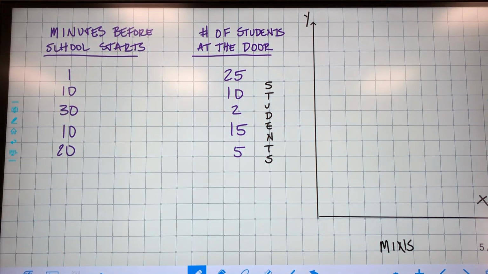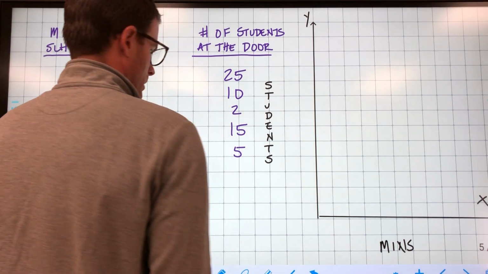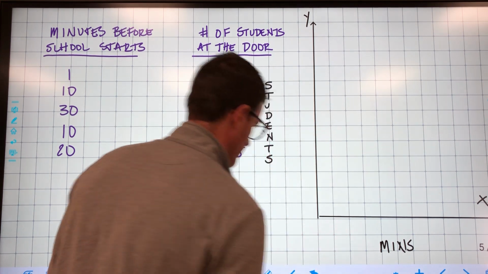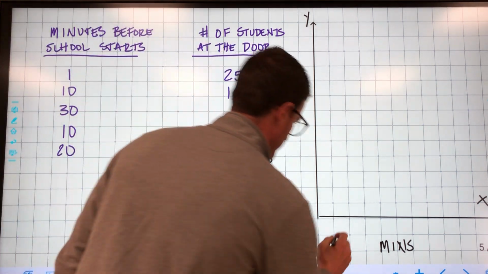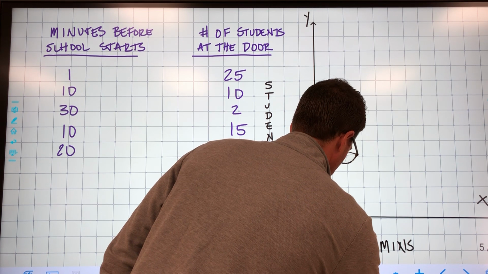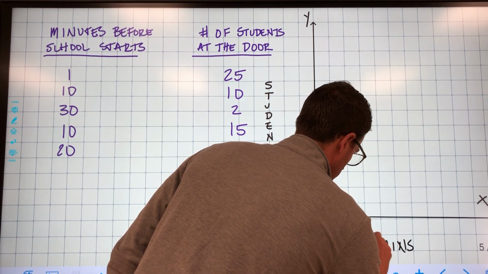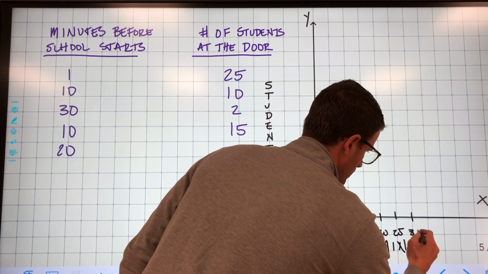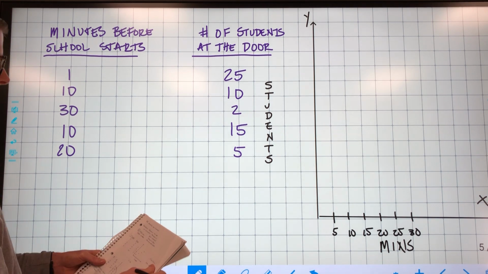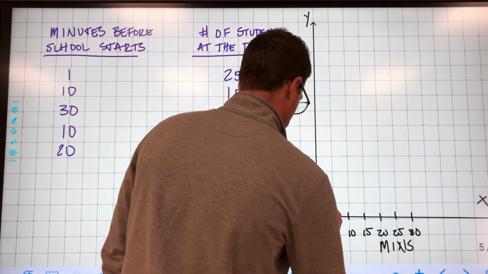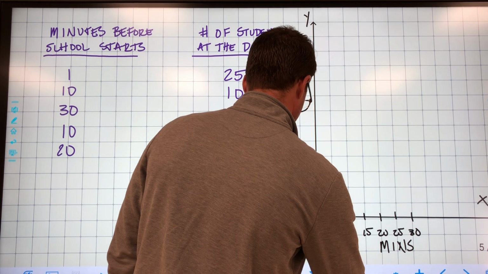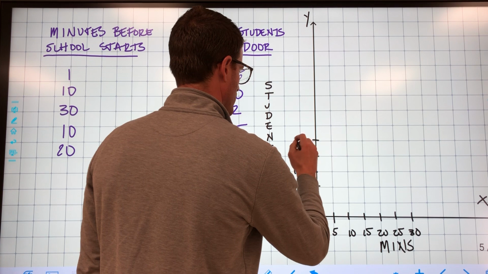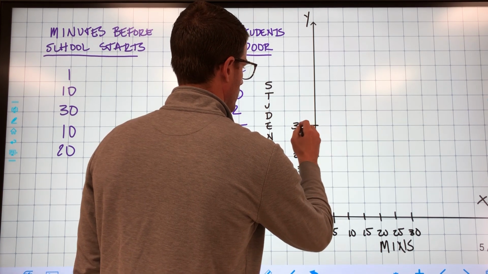So let's graph, all right? So my first input is 1. All right, so minutes before school starts. So we'll go by, let's see, we'll go by 5s here. So 5, 10, 15, 20, 25, 30. All right, and we'll go by 5 on the other side as well. All right, so 5, 10, 15, 20, 25, 30.